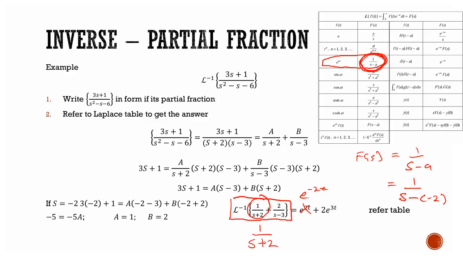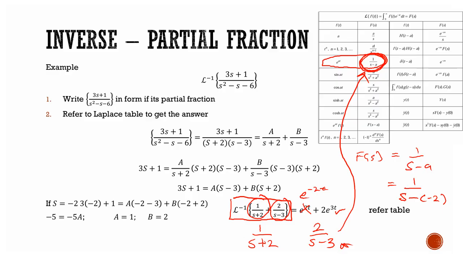Now we take a look at the second one, which is 2 divided by (s minus 3). This is similar to what we have here, where a is 3. Hence, it will be 2e^3t.